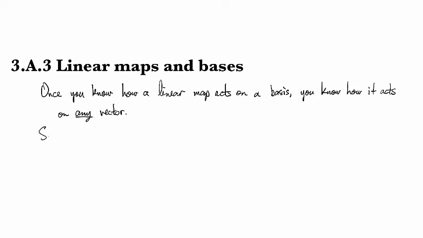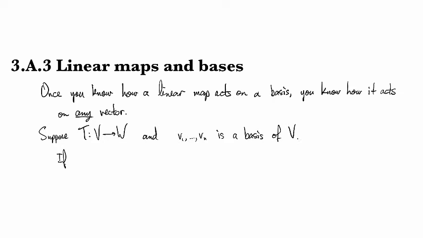And so, suppose we have just some function T from V to W, and suppose we know that v1 through vn is a basis of V. Then if T is a linear map, let me back up there.